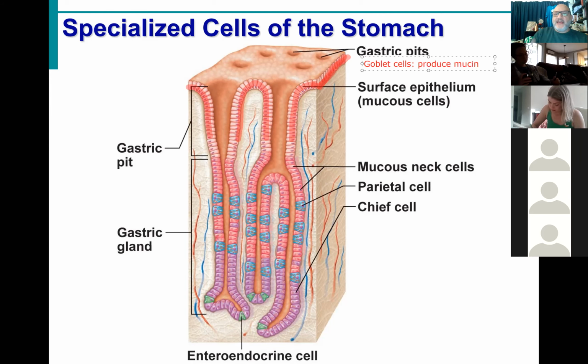a protein, and in this case, these goblet cells lining the surface of the stomach produce a very thick and alkaline mucus. Why might we want a thick and alkaline mucus on the surface of our stomach? Protect the layers from the acid inside of it.